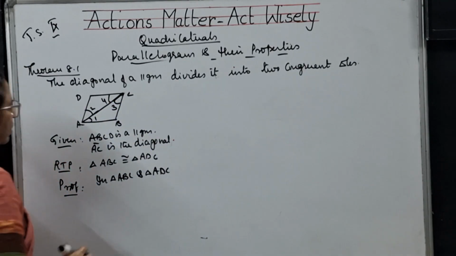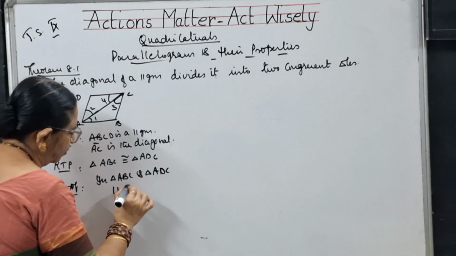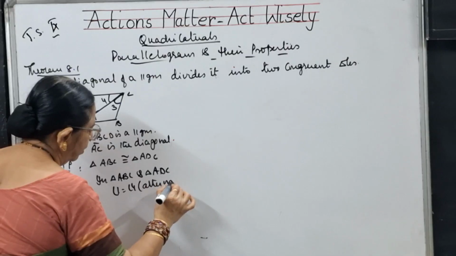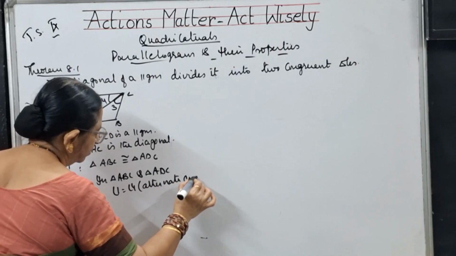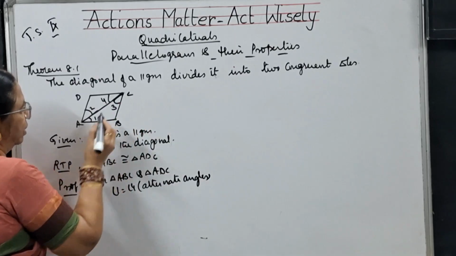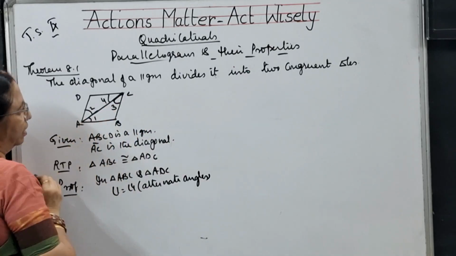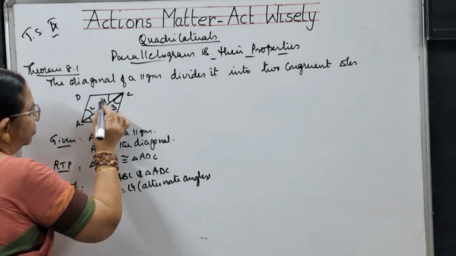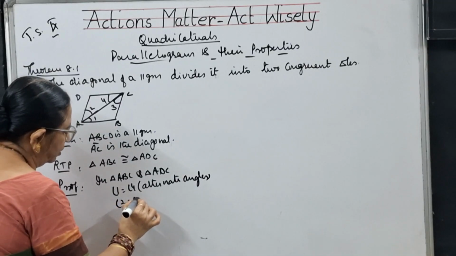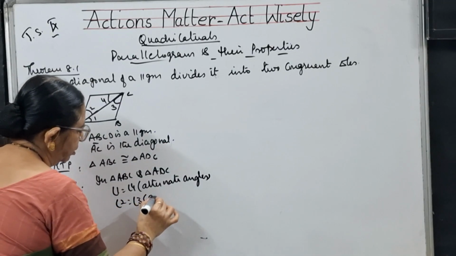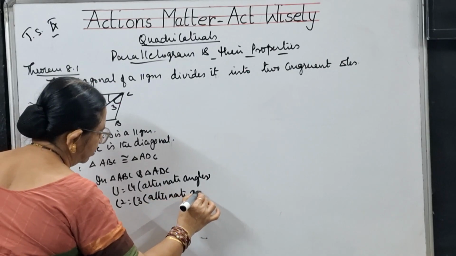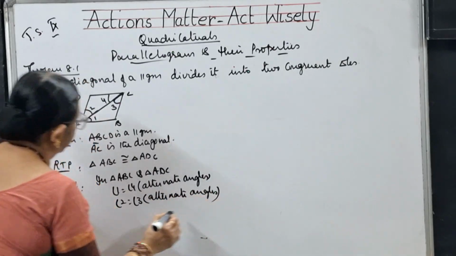See, in these triangles, angle 1 is equal to angle 4 because they are alternate angles. See, these two are parallel lines and this is a transversal. So, these two are alternate angles. Similarly, angle 2 is equal to angle 3 because they are also alternate angles. How are they alternate angles?